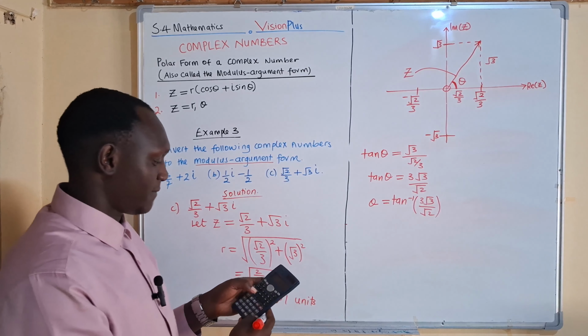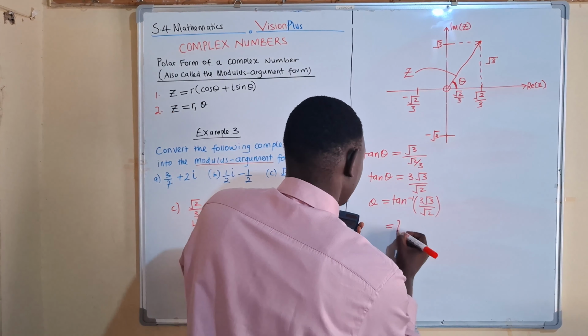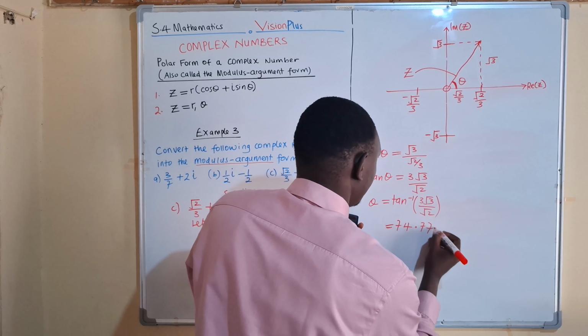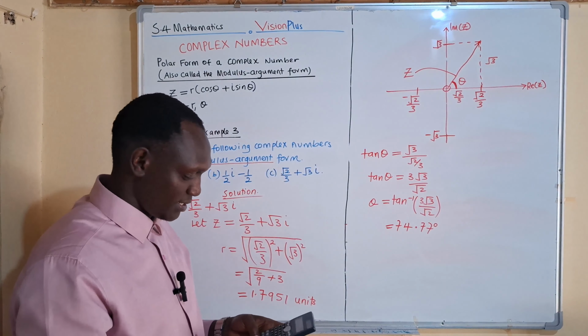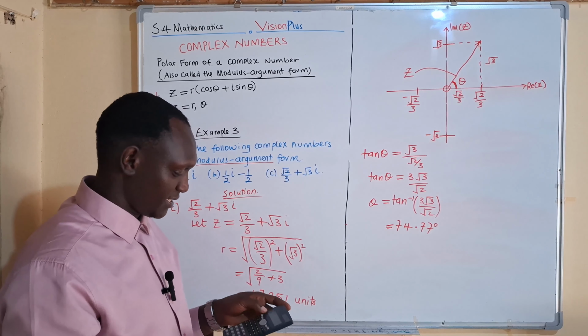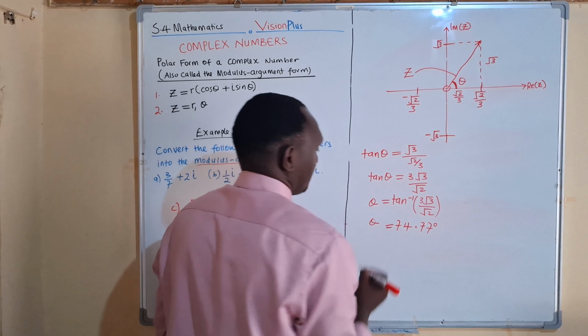Close the bracket. I'm getting 74.77 degrees. Let me confirm: 3 root of 3 divided by root of 2, tan inverse of the answer. Yes. So this is our argument theta.